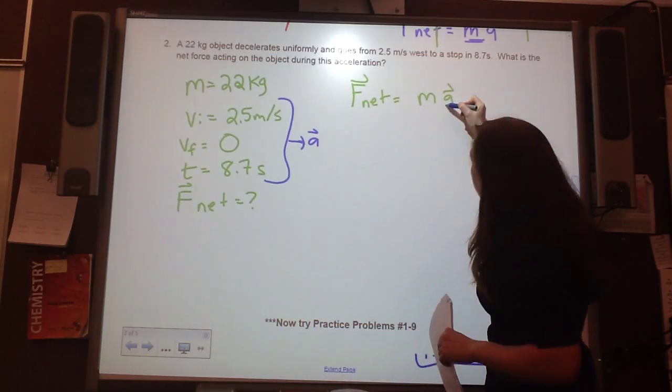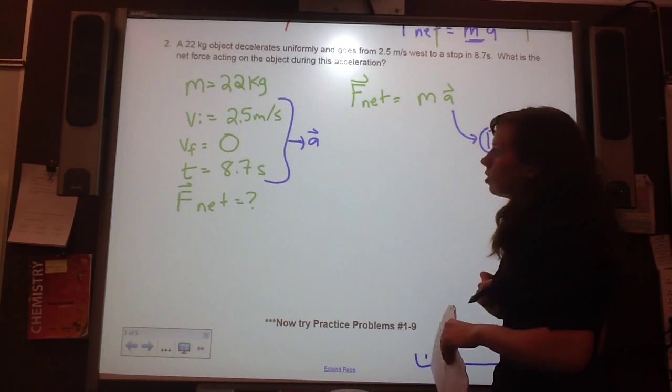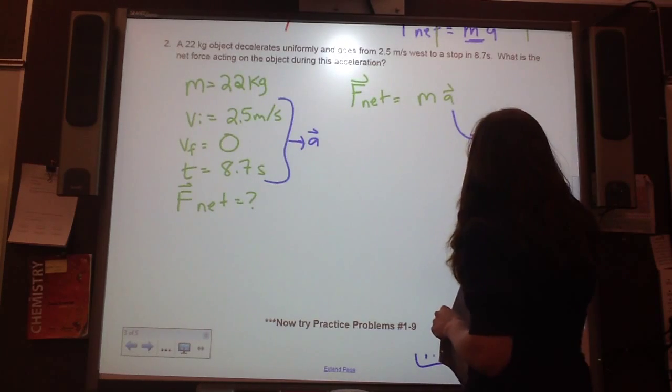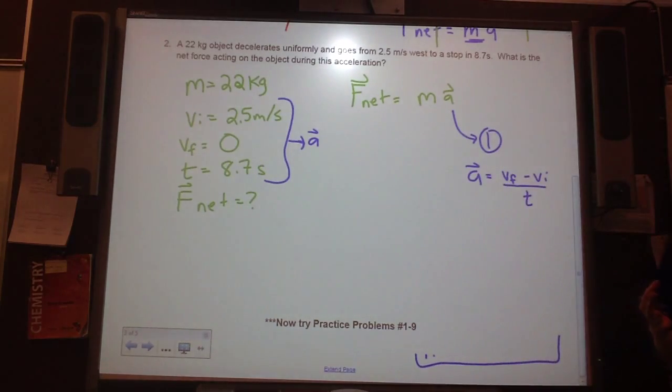So what we want to think first is we figure out a by going a equals VF minus VI over t. So actually we are using quite a bit of kinematics in this unit. You have to figure out which acceleration formula you need.